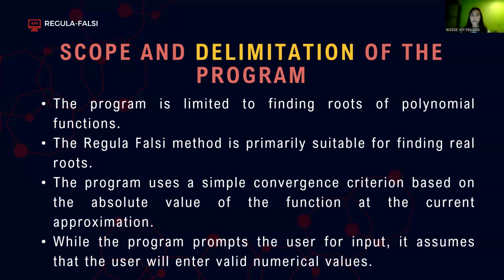Keep in mind that this program has limited input validation, because while the program prompts the user for input, it assumes that the user will enter valid numerical values. If you enter any other values such as characters or letters, that's a limited input validation. Entering invalid input may lead to unexpected behavior. So keep in mind that this program assumes that the user will enter valid numerical values.